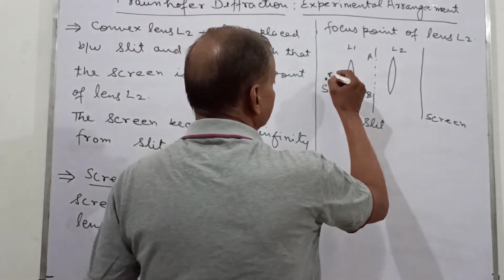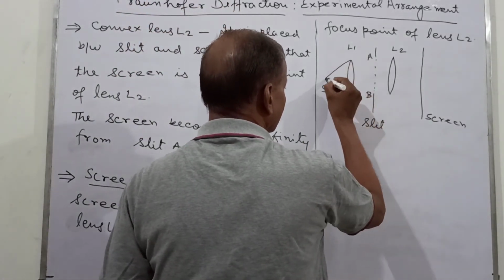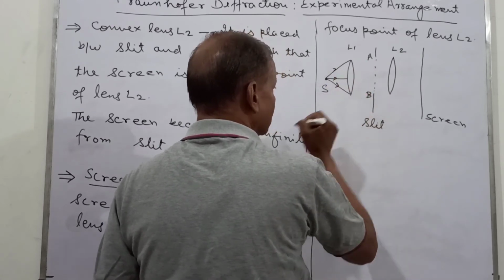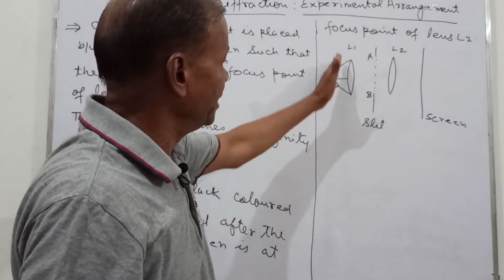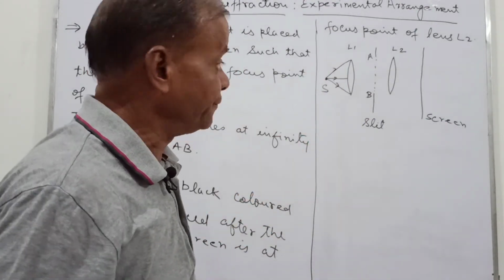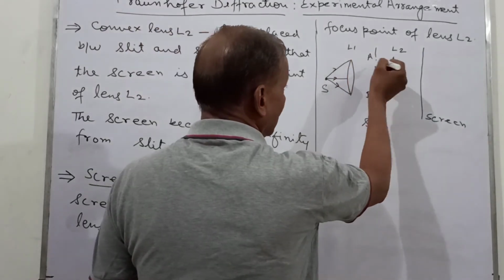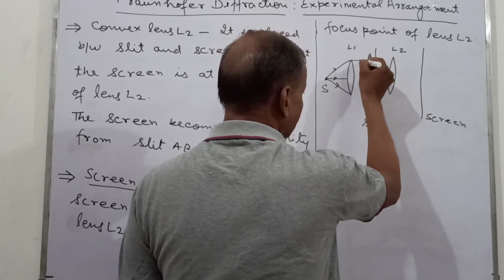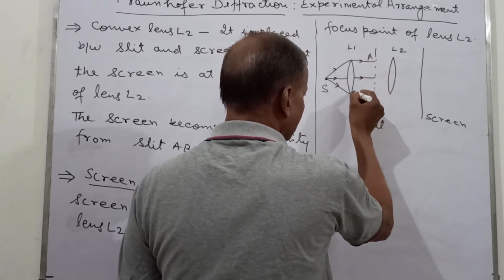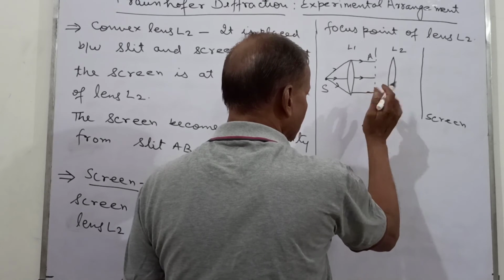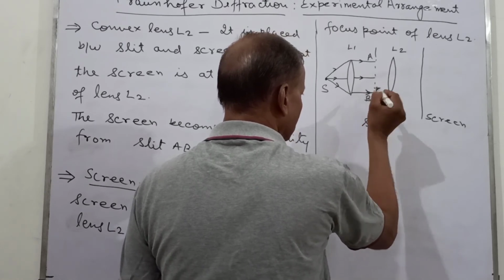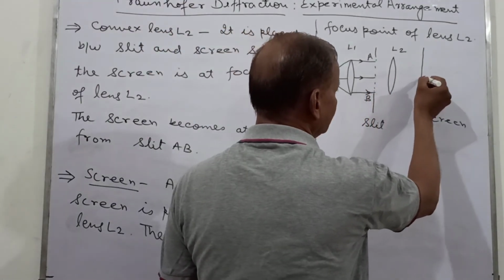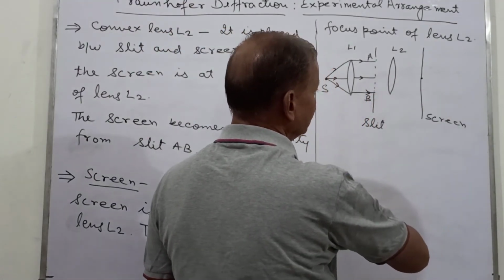So now these are the light waves. From here we have a spherical wavefront. After the diffraction, these light rays become parallel. This is the middle point, the center one.